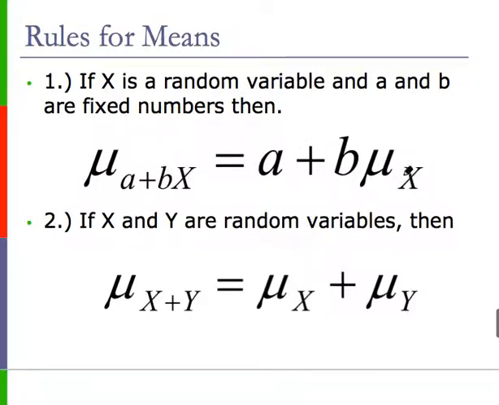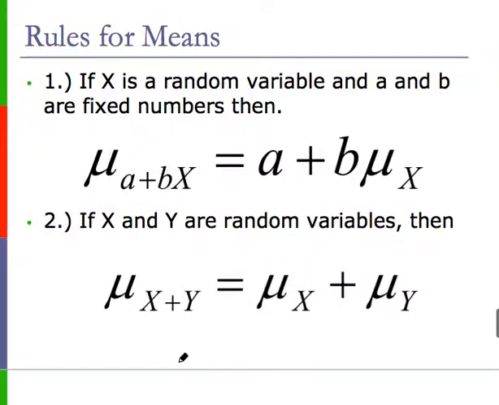This is just something you need to memorize. The examples will help make this a little bit more obvious. If x and y are random variables, then mu sub x plus y is equal to mu sub x plus mu sub y. The only difference here is if a is a constant, we can just add the constant plus whatever b is times the mean.